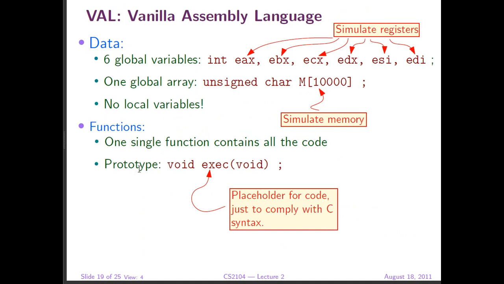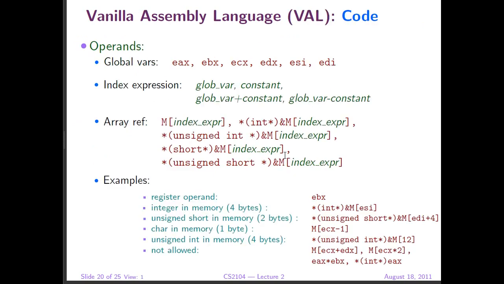So these are the only variables that you can use. This is all you can declare as storage. Variables and array, no other array, no other local variable, no other global variable. Only one function which must have this prototype. No other functions are allowed.